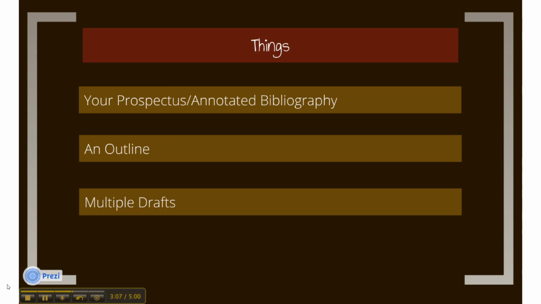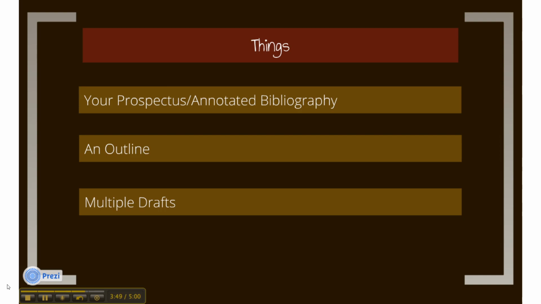The prospectus should provide you with a plan for the argument, and the annotated bibliography is designed to help you digest the research and actually act as a very easy to navigate guide of the resources that you've gathered. So if you seem to remember an idea or a quote that you wanted to use, it should be very easy to take a look at your annotated bibliography and remind you of what that source was so that you can use it in your paper. So very useful stuff there.